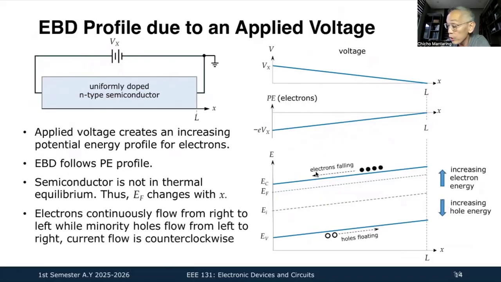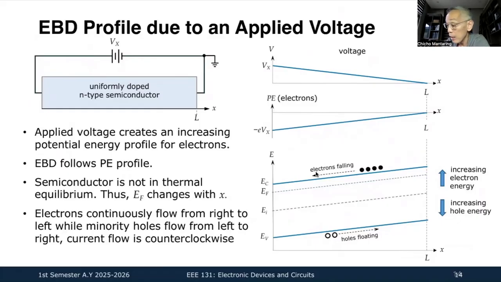No? So the electrons will actually, like I said, moving from right to left, be falling, and the holes will be floating. Okay, remember what he said that the electrons tend to go toward a lower energy level. Actually, also holes tend to go toward your lower energy level.